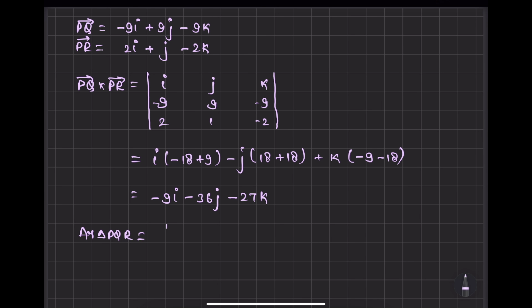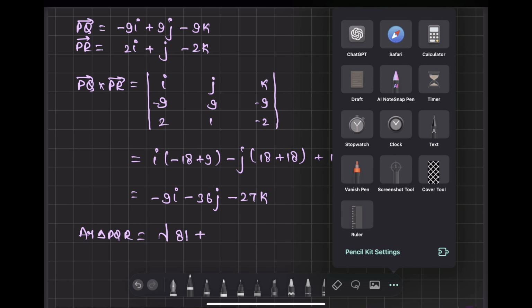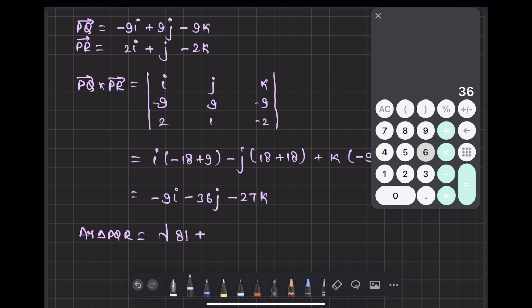So it is root under 9 square is 81, then 36 square is 1296, plus 27 square is 729, by 2.